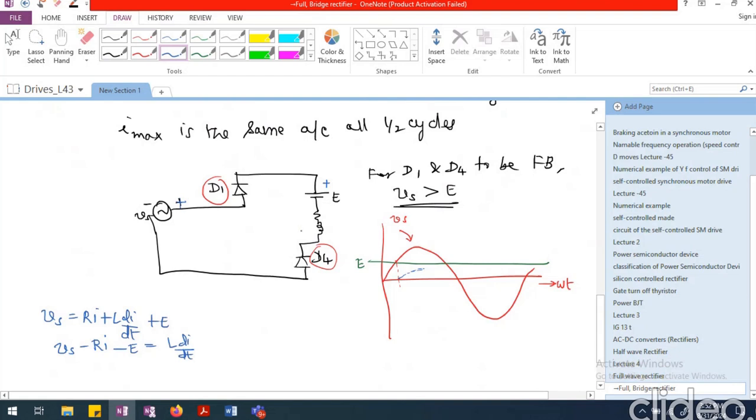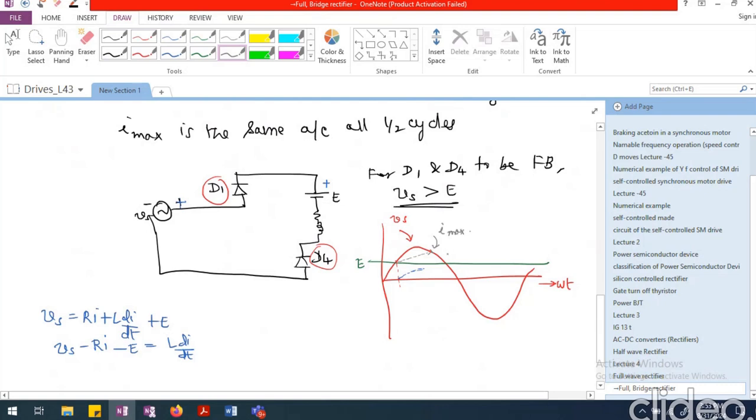So I have to look at actually IR, where my IR along with E also has to be added. So I should draw as though the same I, if I say this is IR, maybe somewhat like this. So this IR above E, where that meets with the Vs value, that is where we are going to have I maximum.